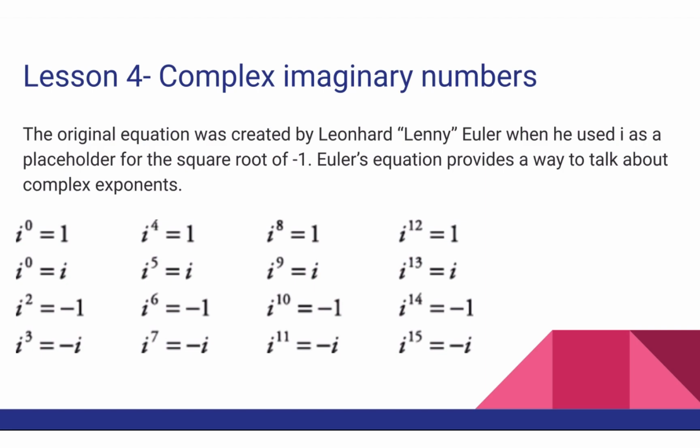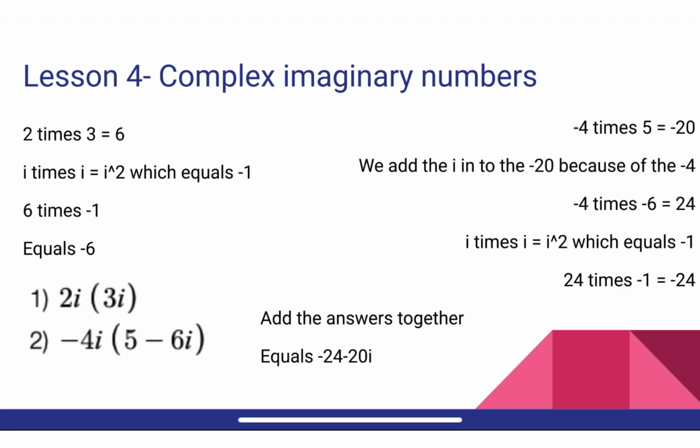You need to save this image or write it down and try to memorize at least up to 9 or 10, so we can use it in the next few equations. So equation 1, where it says 2i, and then in the middle it says 3i.